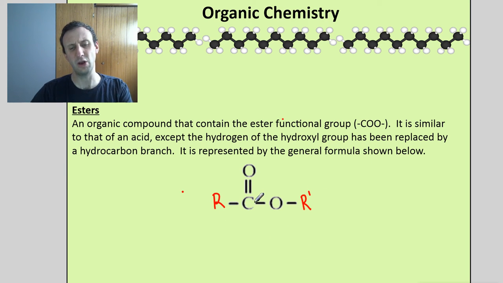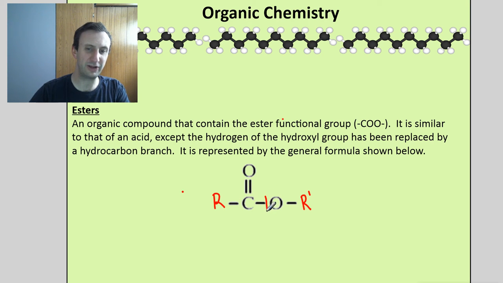Essentially, my ester has two carbon chains connected by this ester functional group right here, which has the carbonyl, the C double bond O, and then the carbon attached to an O, which attaches to another carbon. Now, when we name esters, it's really important to understand that there are two different hydrocarbon chains and to distinguish between them.